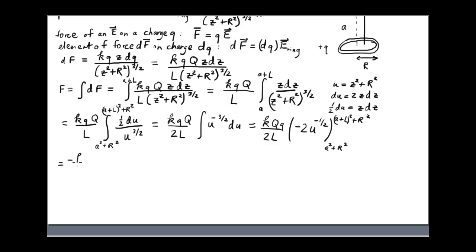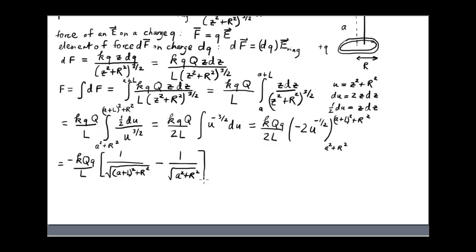minus k big Q little q over L again, and now I've got the first term is going to be u to the minus 1/2. That's the upper limit. So it's 1 over the square root of this whole quantity here, which is a plus l squared plus r squared, right, minus 1 over what we get for the lower limit, which is square root of a squared plus r squared.